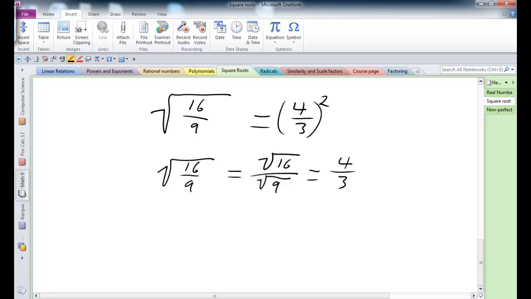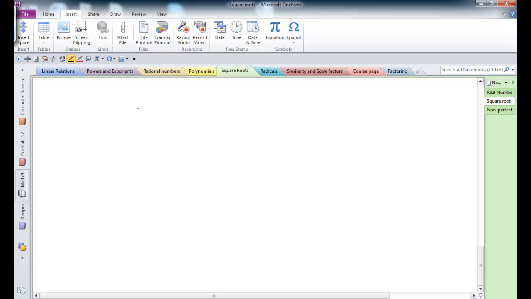Let's try a decimal. If I have the square root of 0.25, it's usually a lot easier if you convert it to a fraction. I could either convert it to the square root of 25 100ths, or I could recognize that 0.25 is a quarter.